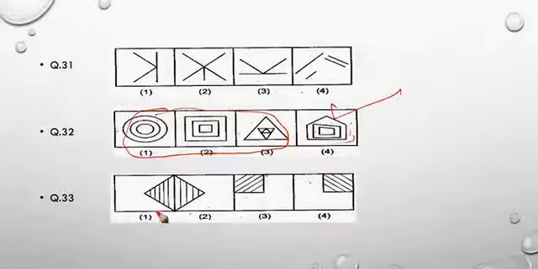Now let's count the number of lines in option 1. 1, 2, 3, 4, 5. There are 5 lines in option 1. In option 2, 1, 2, 3, 4, there are only 4 lines. In option 3, there are 5 lines. And in option 4, there are again 5 lines. So on the basis of number of lines, option 2 is the odd man out. So answer to question number 33 is 2.